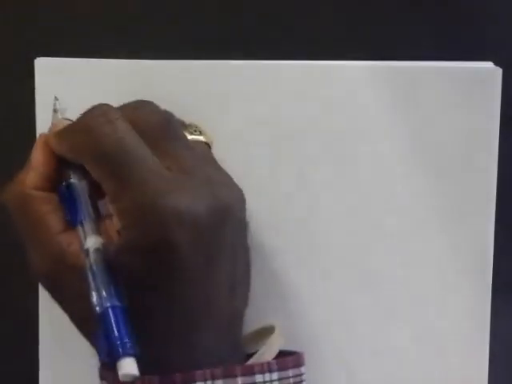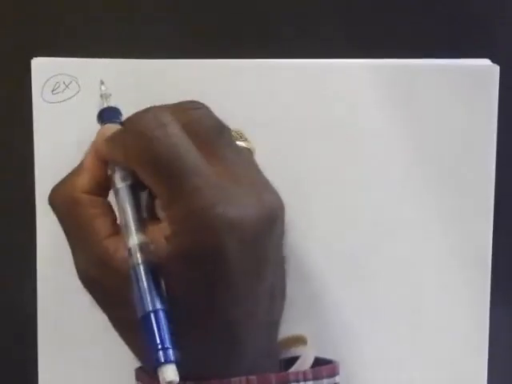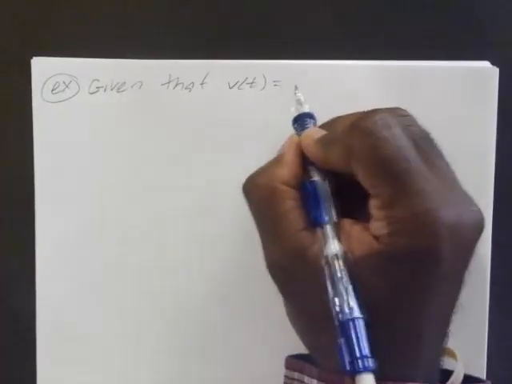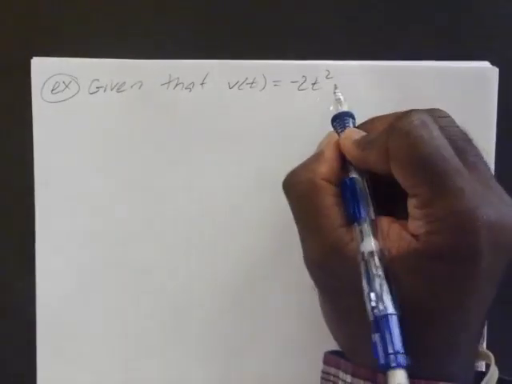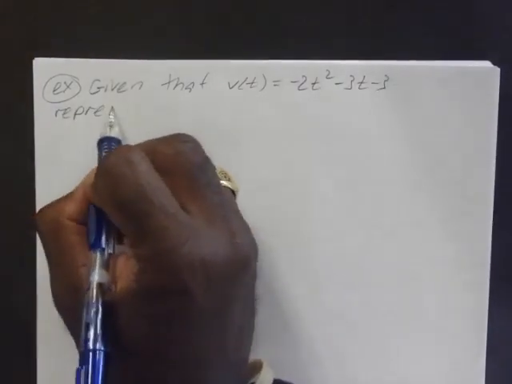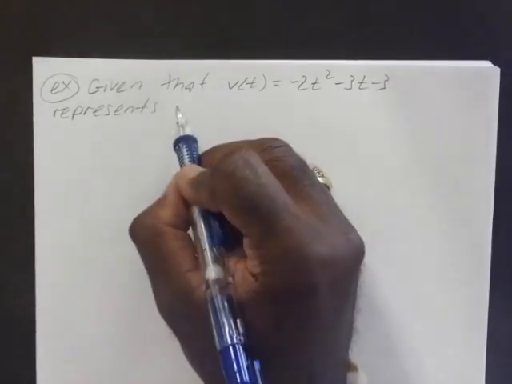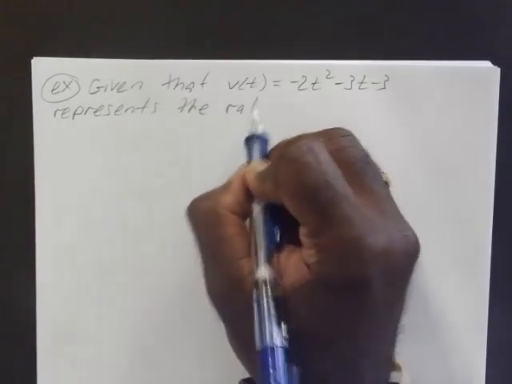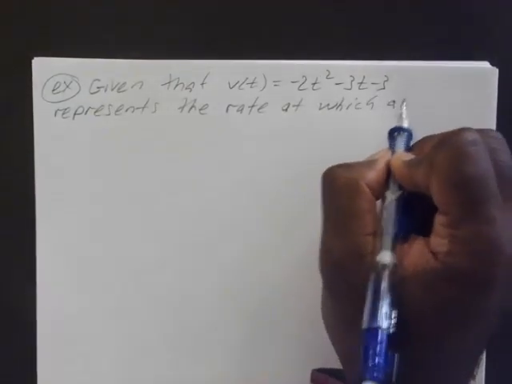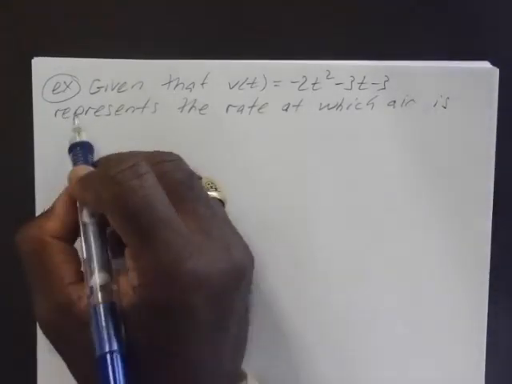All right. So let's say, for example, what if it's given that v of t equals negative 2t squared minus 3t minus 3 represents the rate at which air is escaping from a balloon.